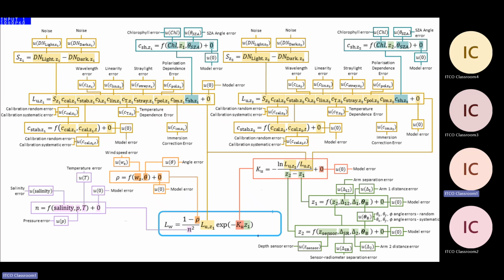You might have a coefficient which is not well known because it's hard to determine and you have a large uncertainty, but maybe its impact on the final value is extremely small, so you don't really care. There might be other parameters in this graph that you can determine relatively well, they have a low uncertainty, but they have a very high impact on the final result. So on that one, you really want to make the uncertainty as small as possible.